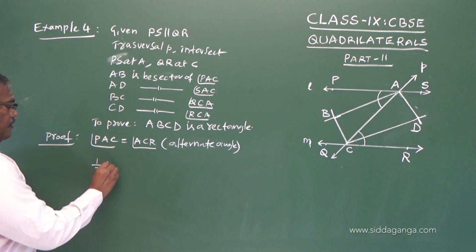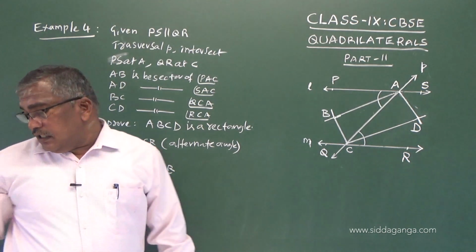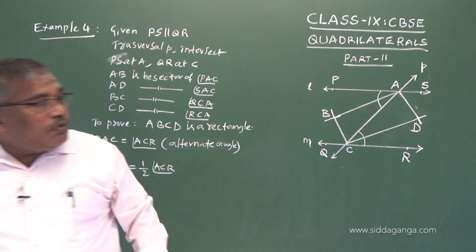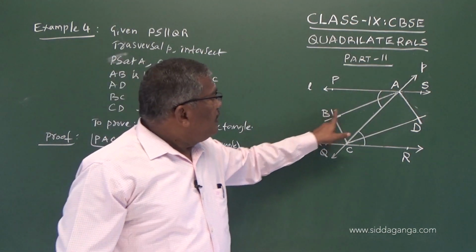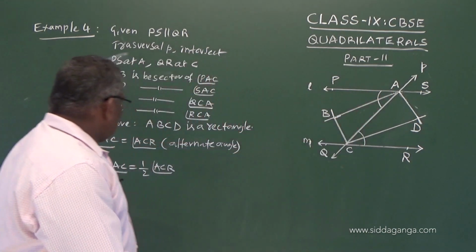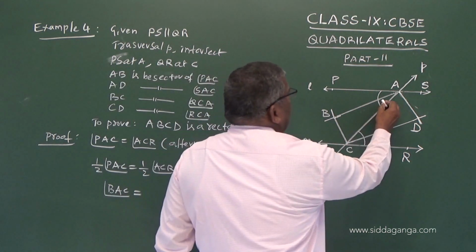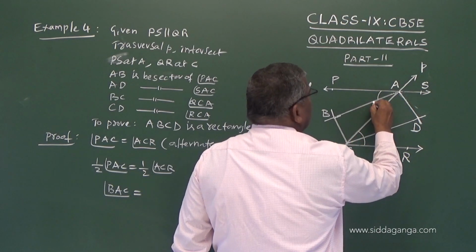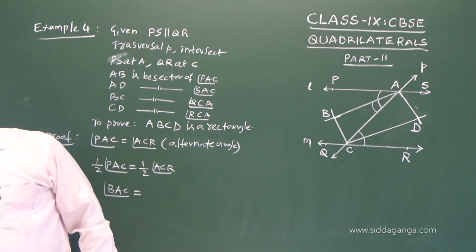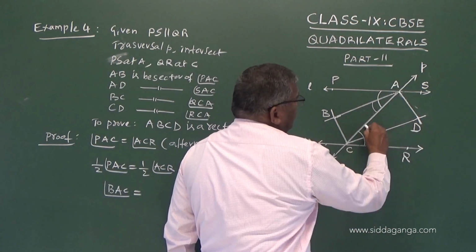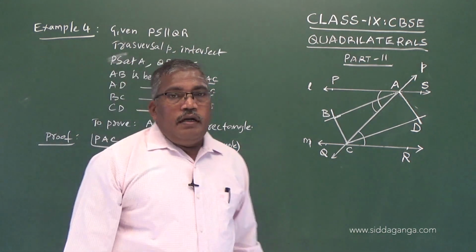Half of PAC is BAC. So BAC equals, observe the figure carefully, ACD, half of ACR is ACD.